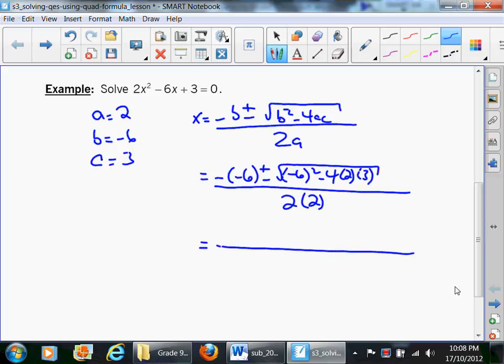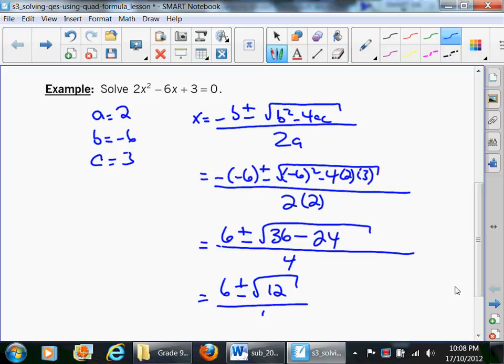So negative negative 6 makes 6, plus or minus the square root of 36 minus, now what do we have here? 4 times 2 is 8, times 3 is 24. So that's 24, all over 4. So we get 6 plus or minus the root of 12 over 4.